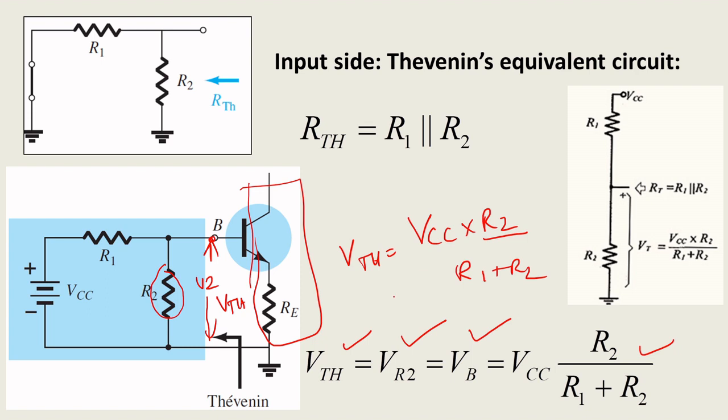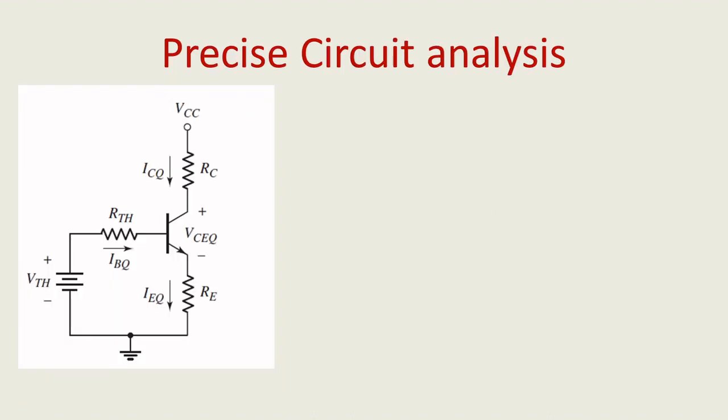Okay, so now we have got VTH and RTH. Now we can go for the simplified circuit. So now we can see VTH, RTH. So these are the simplified Thevenin equivalent circuit. Here you can see VTH, RTH, and this is your load. This complete part is a load.